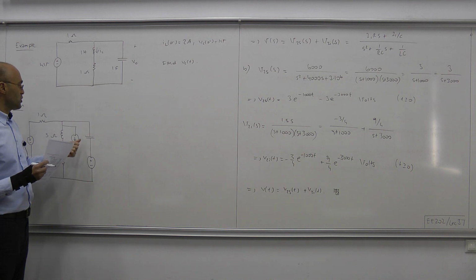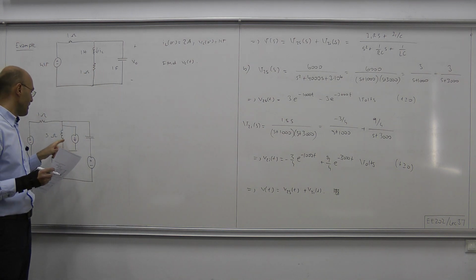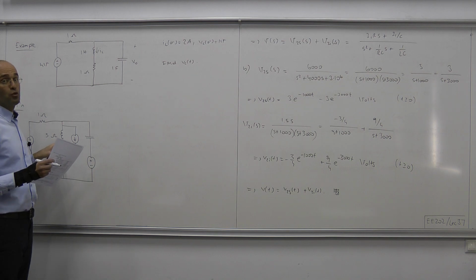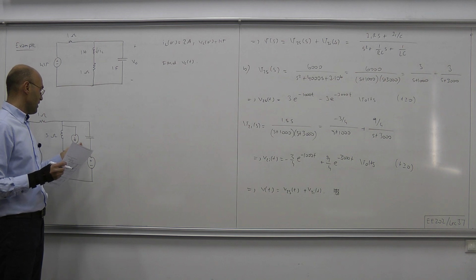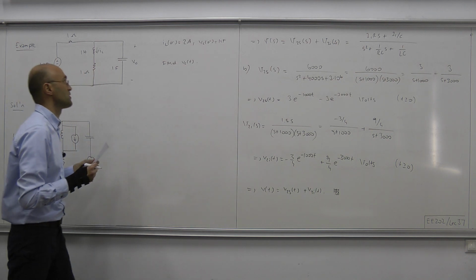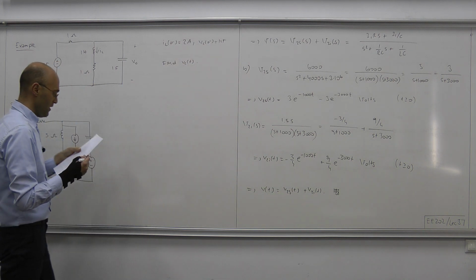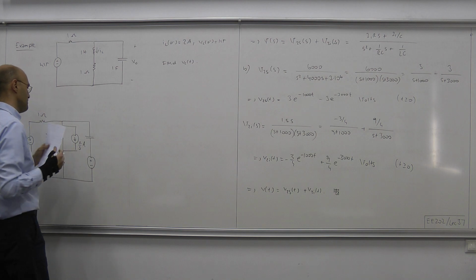As for the initial condition, it can be represented by a current source parallel to this impedance, and the current of this source is the initial inductor current divided by S. Now, initial inductor current is 2, therefore this should be 2 over S amps.